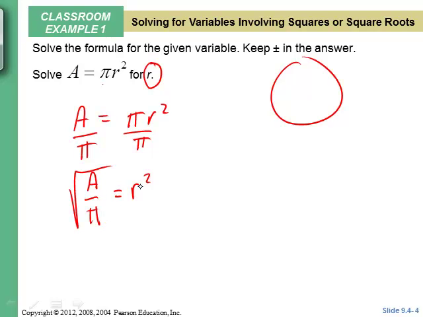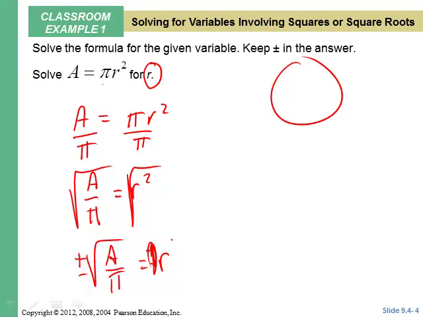Take the square root of both sides, and we get the square root of area over pi is plus or minus r. Actually, let's put the plus or minus sign on this side. The radius is plus or minus the square root of area over pi. Now, there's never going to be a negative radius, but it said keep that in the formula, so we'll keep it there.